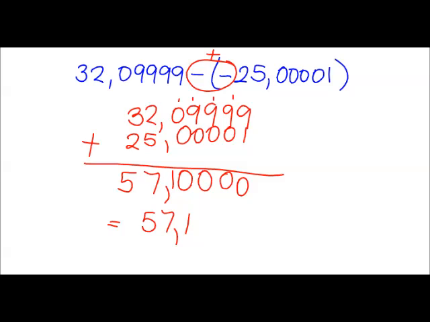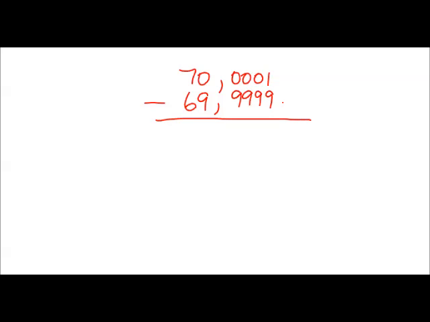Right, let's have a look at number 6. 70,0001 minus 69,9999.